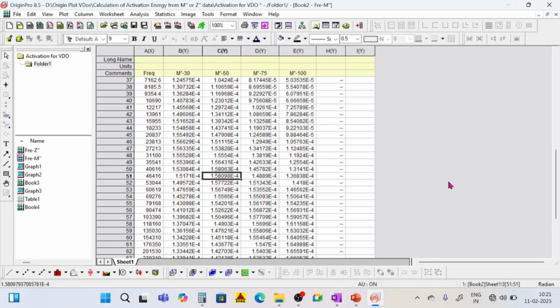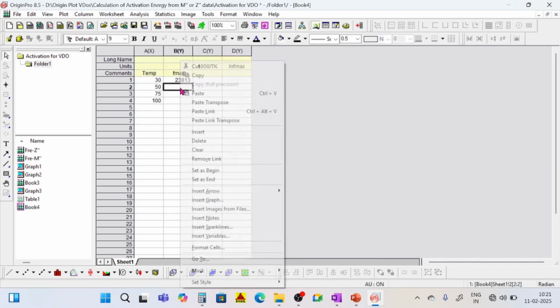See, this is the maximum, then it is reduced to 1.57. Before that it is a lower value, so 1.58098 is the maximum value, the peak value, and the corresponding f max is this one. You just copy it and paste it over here.